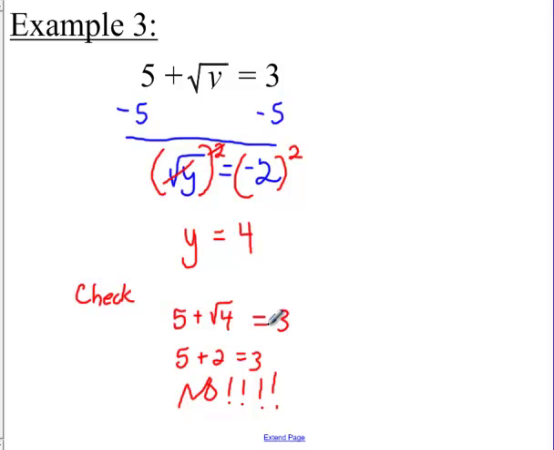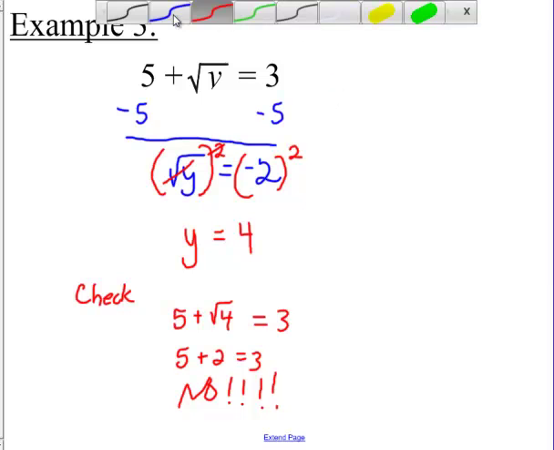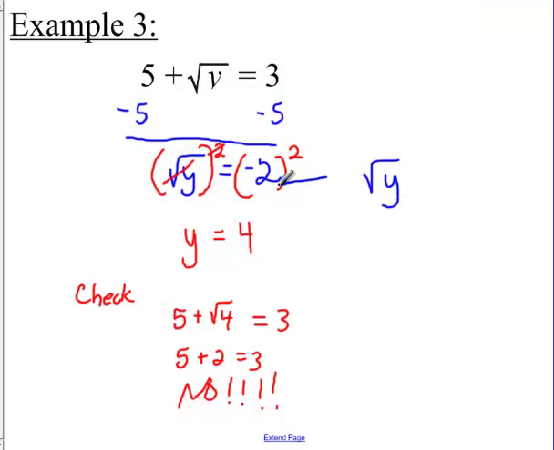Hopefully some of the geniuses in the crowd, that would be you, Jack, stepped forward at this point of the problem and realized that a square root can never equal a negative number unless we had a negative in the front, but we don't have that. So you could have stopped right here and said, this is impossible.